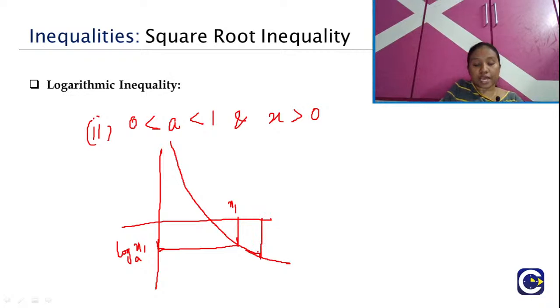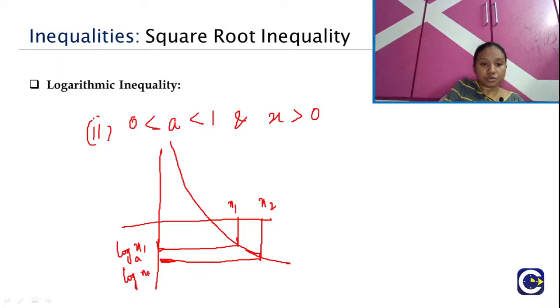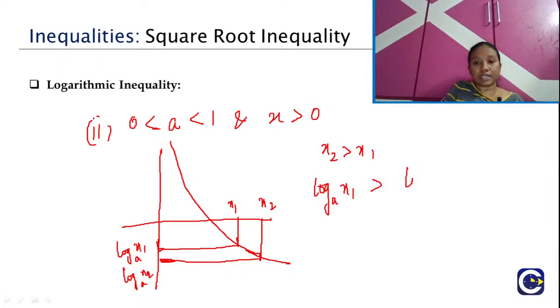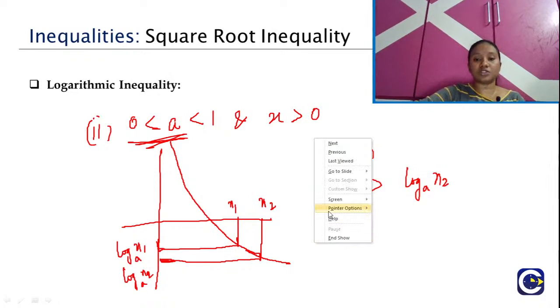Similarly, if I have taken my x2 here, then my corresponding value will be here, that is log x2 to the base a. Here we can obviously say that x2 is greater than x1, but log x1 is greater than log x2 to the base a. That means the inequality has changed. Initially x2 is greater, but here log x1 is greater, which means whenever the base value lies in between 0 and 1, there will be a change in the inequality.